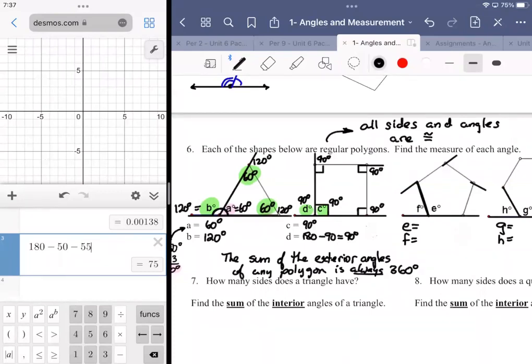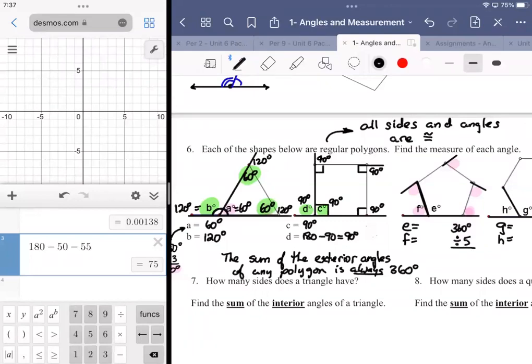If I know that all of these exterior angles together have to add to equal 360 degrees, then to go the other way around, all I would have to do is take 360 degrees and divide it by 5.